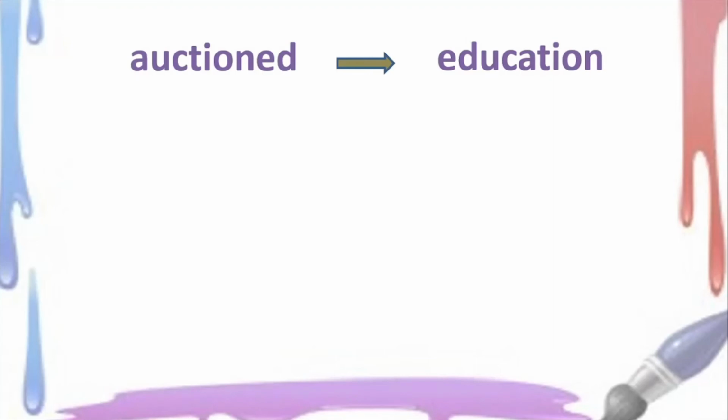Okay, now once again I want you to check whether we have not repeated a word. Have we repeated any letter in this word? No. Does the word auctioned and education have the same number of letters in them? Yes. That means we are doing these anagrams correctly. Okay, come on, let's take a look at the last few examples of anagrams that we have.